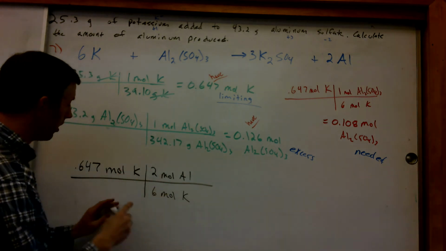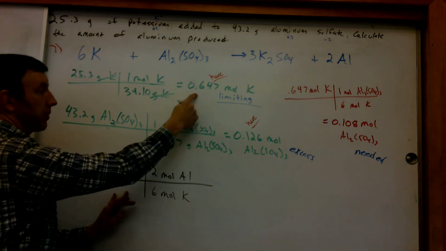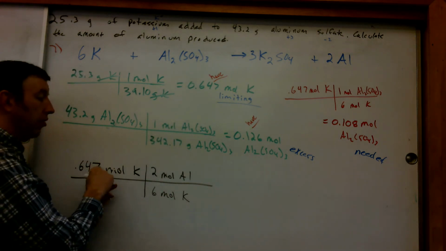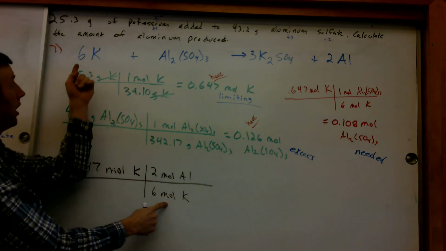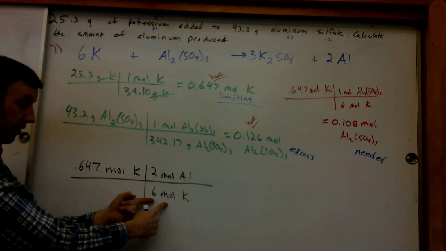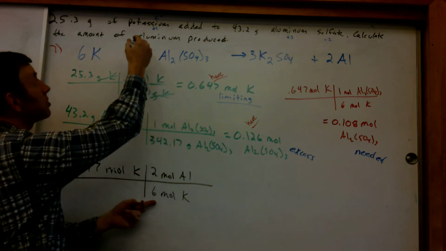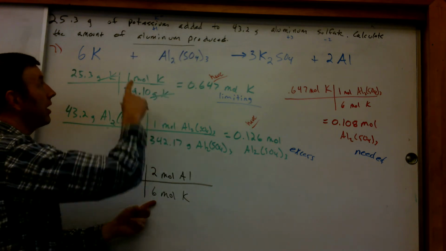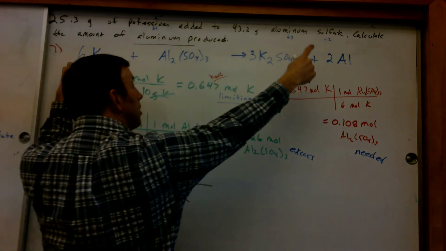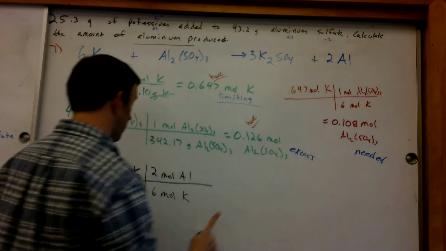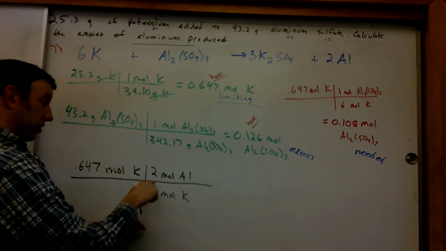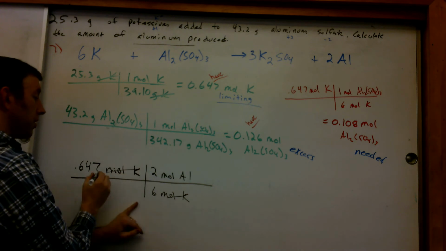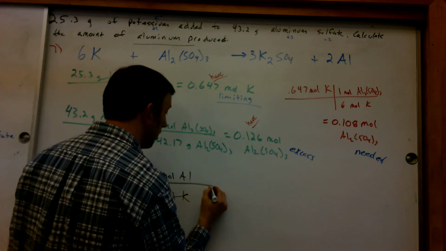Again, I'm starting with moles of potassium because it's my limiting reactant, so moles of potassium goes on the bottom, and the 6 goes with potassium. I'm trying to figure out aluminum, so what I'm trying to figure out goes on top. So it's a 6-to-2 ratio, and now I'm in moles of aluminum.